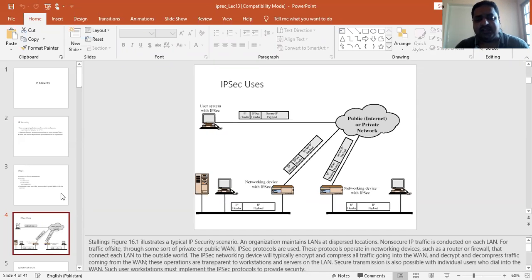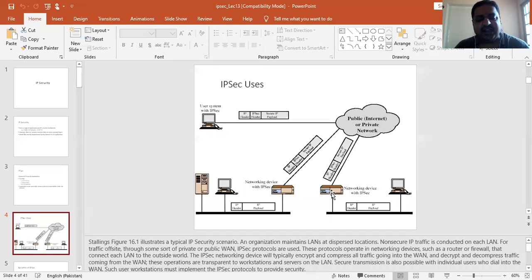There are different network devices using this protocol. For example, there's a router using the IP security protocol, and there's a router over here that is also using the IP security protocol.